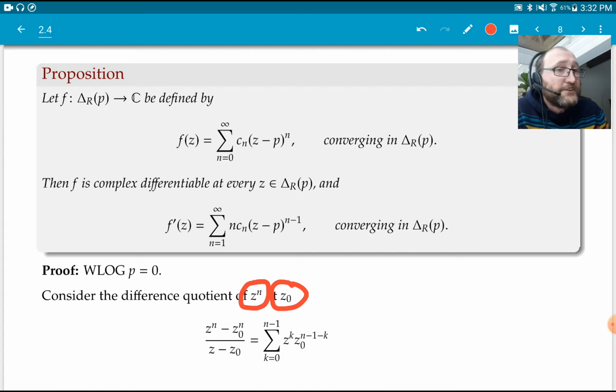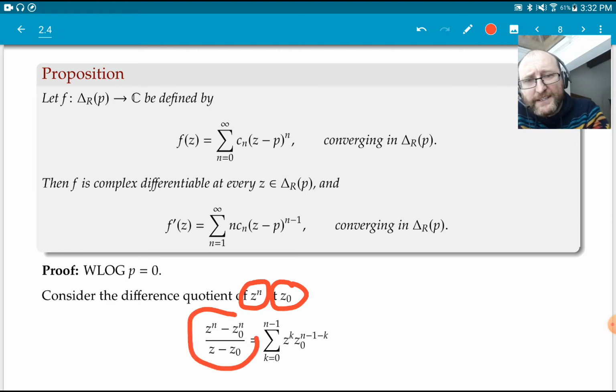To differentiate, of course, you first write down the difference quotient. You need to figure out what happens, so you write down the difference quotient for z to the n at z naught. That's just this expression. Then it's the same idea as the geometric series, the geometric polynomial, when we had 1 plus z squared and so on.